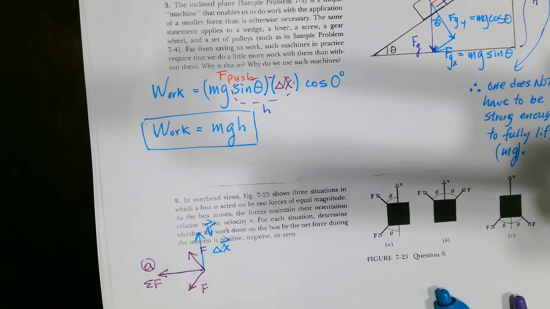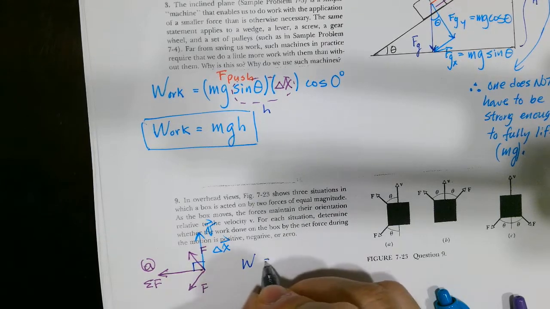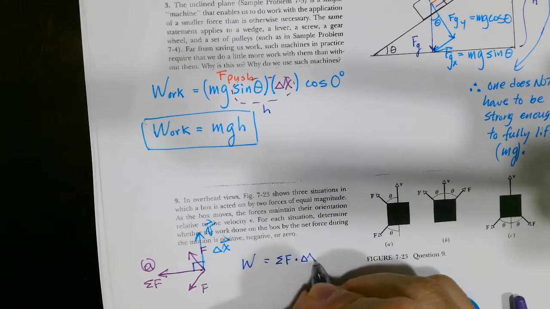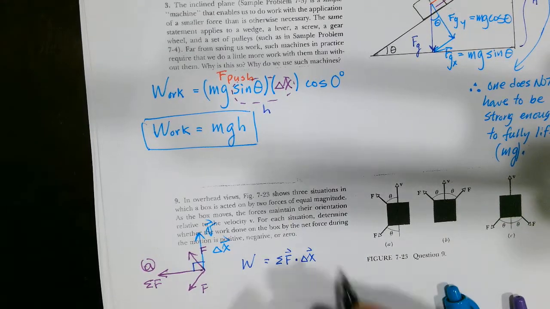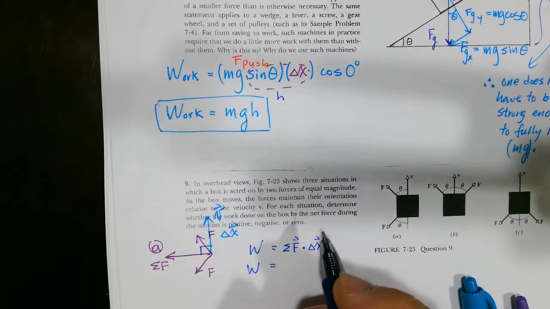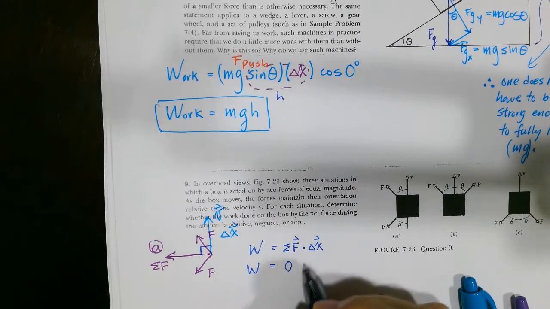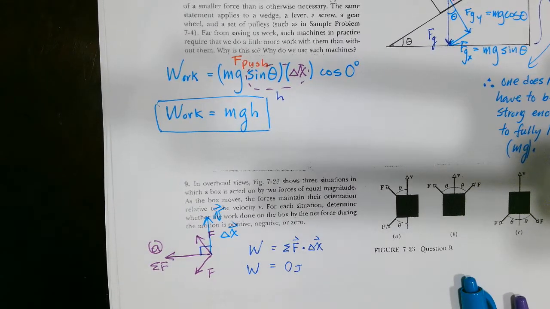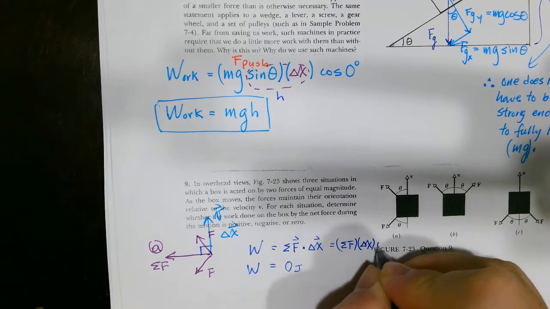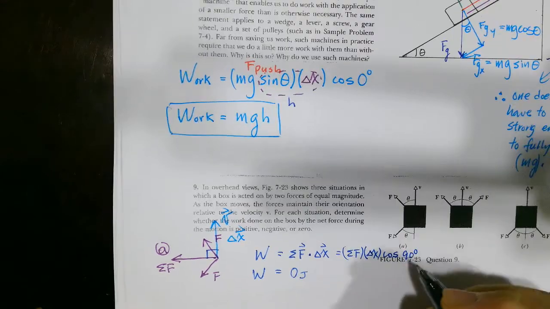Therefore, since the angle between them is 90 degrees, the work done is equal to 0 joules, because of cosine of 90 degrees. So the net force times delta x times cosine of 90 degrees goes to 0.